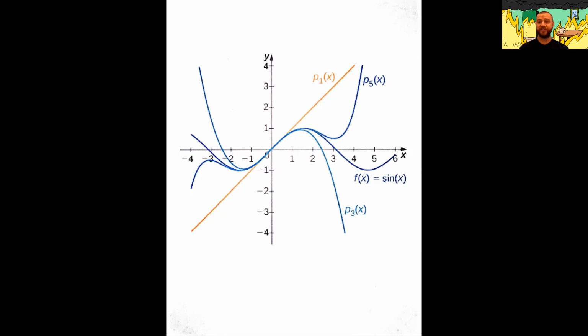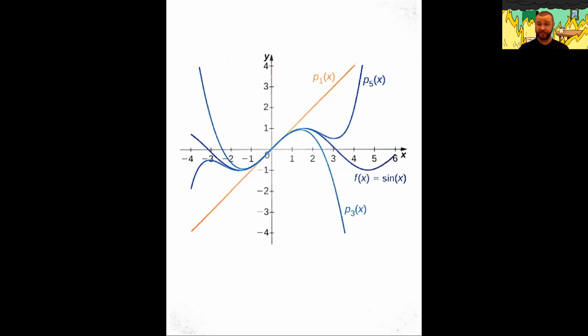As you increase the degree in your Taylor polynomial approximation, it more accurately resembles the graph of sine of x over a larger interval of x values. So the only thing I want you to take away from this visualization is how the fifth Taylor polynomial looks very close to the graph of sine of x. It looks like a much better approximation than just the first Taylor polynomial in orange, which would be p1 of x equals x, if you were to calculate that.